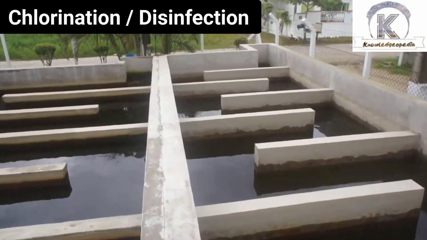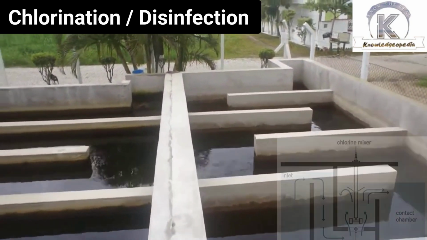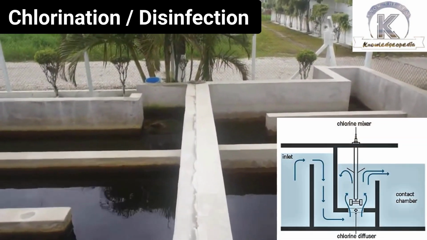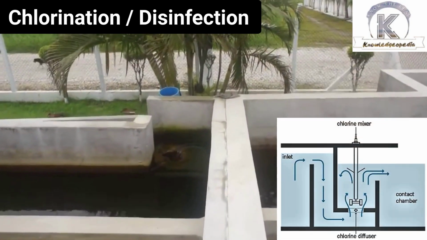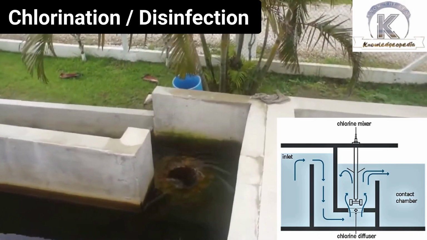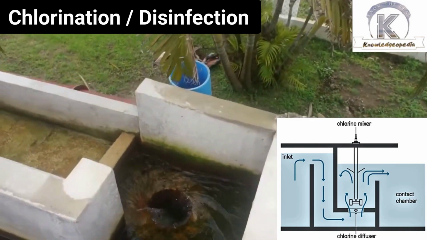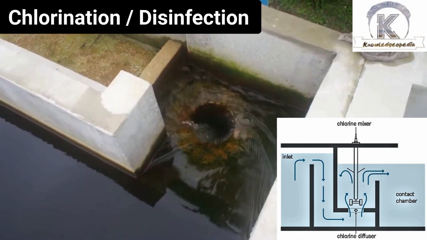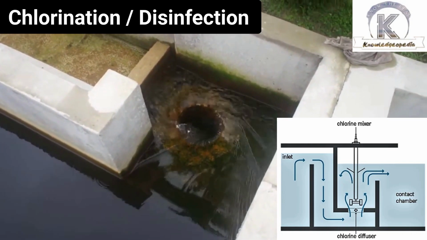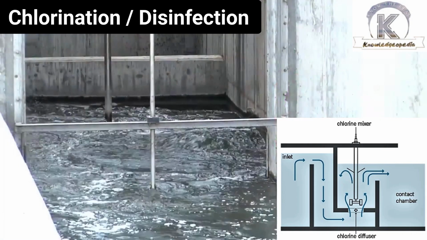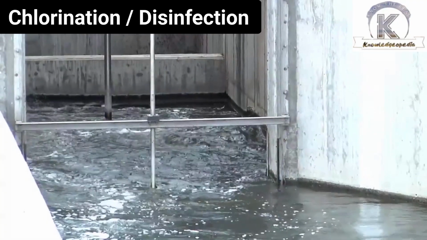After chlorination, the water color turns blue. The gas mixing occurs from the bottom as per the diagram. The water then goes out of the chamber through the pipes and moves on to the next step.